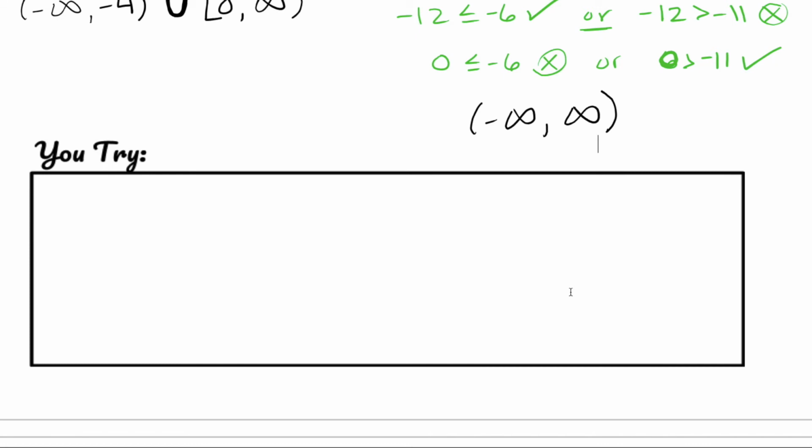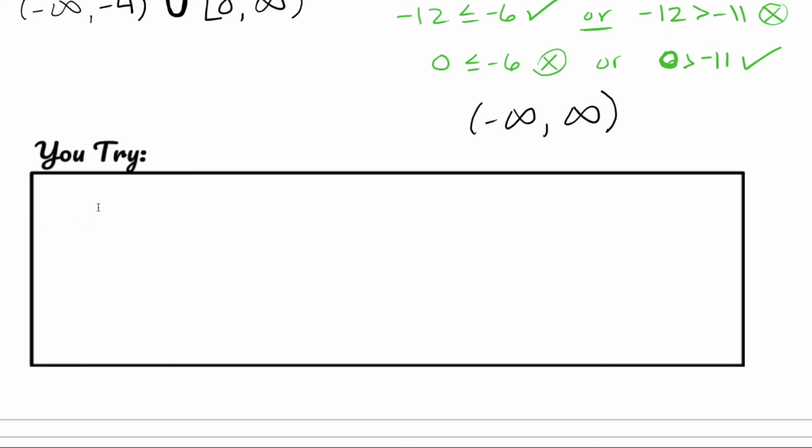Okay. Before moving on to the next video, I'm going to give you some inequalities to try. Also note that there are more resources in your textbook on interval notation back in chapter 1. If you need a refresher on that or on inequalities in general, look those up in your textbook online.